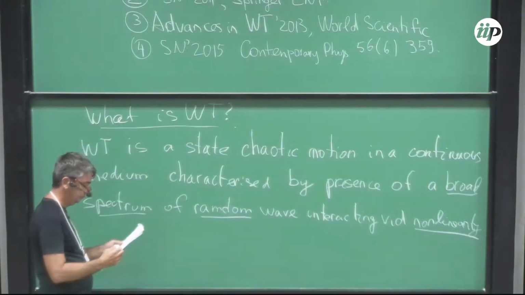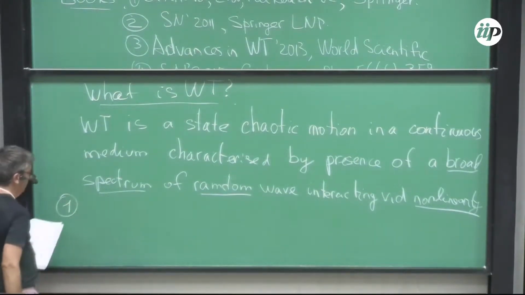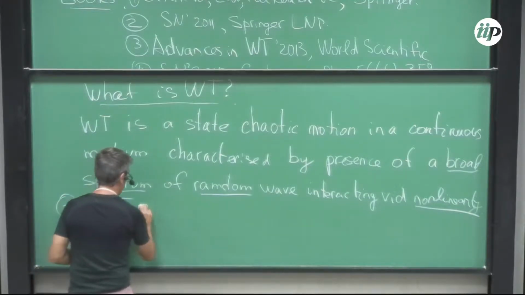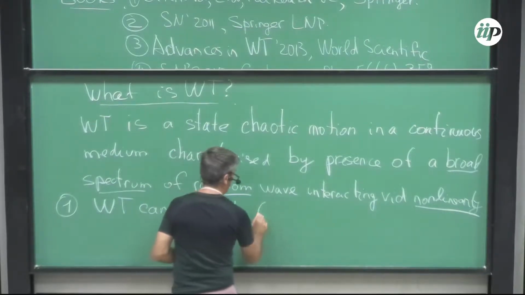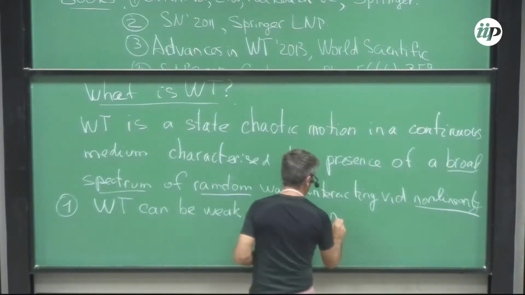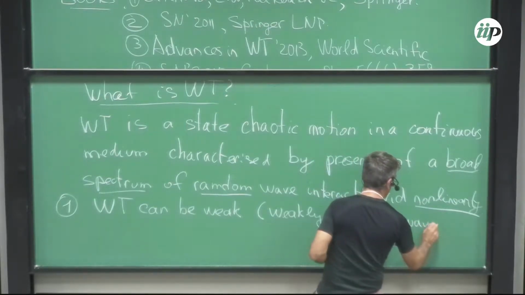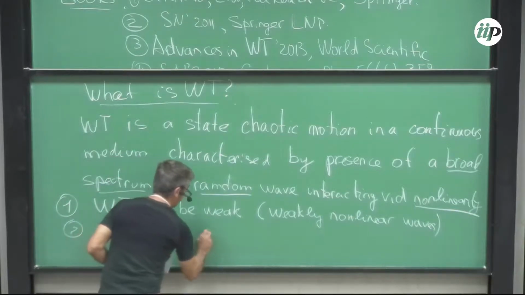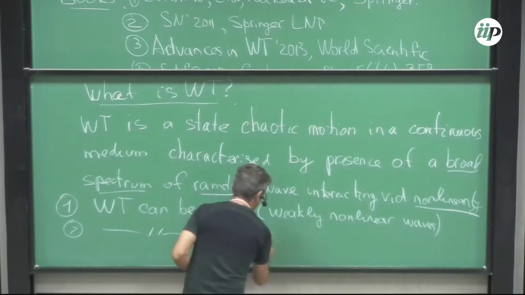Now, certain remarks. Wave turbulence can be weak, when waves are weakly nonlinear, or strong, with exponentially strong waves.